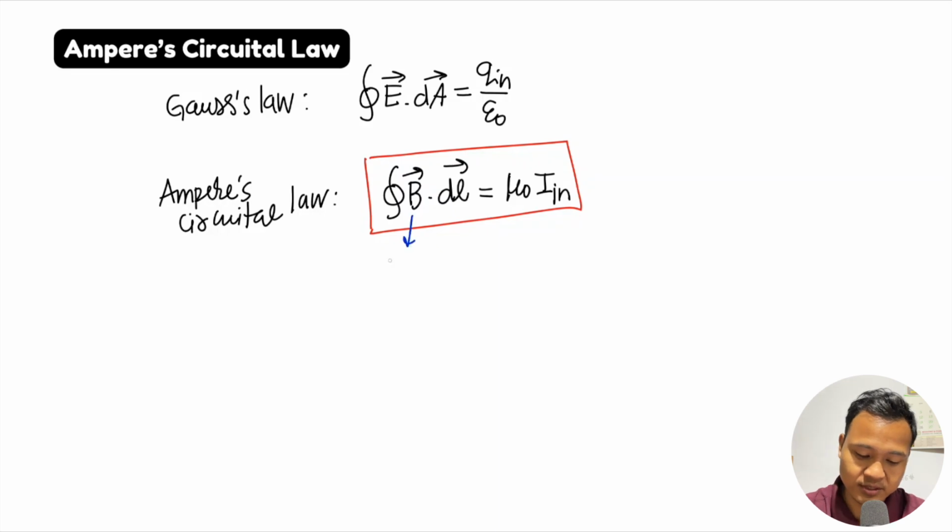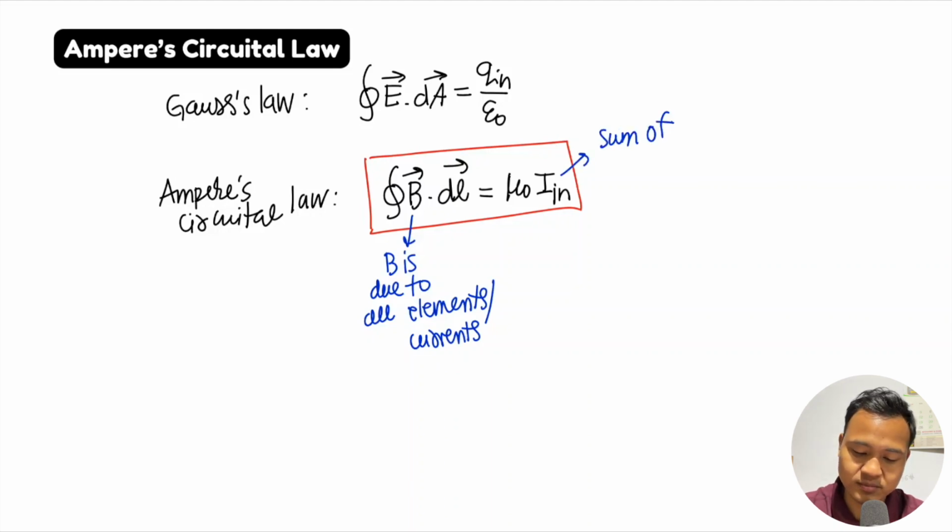Here again B is due to all the current elements, the sum of all the currents, the sum of the magnetic field due to all currents.